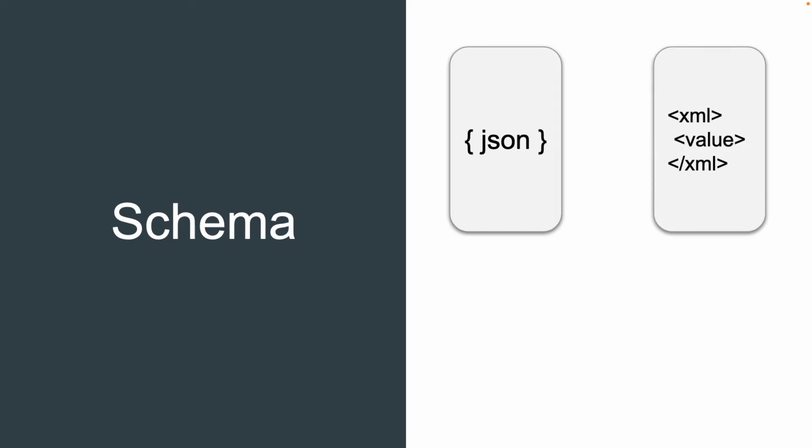Kafka also supports XML, which is another popular schema that you can use to send your messages to Kafka. So you can use both JSON and XML. But before that, you have to provide a serialization class for both the key and message.